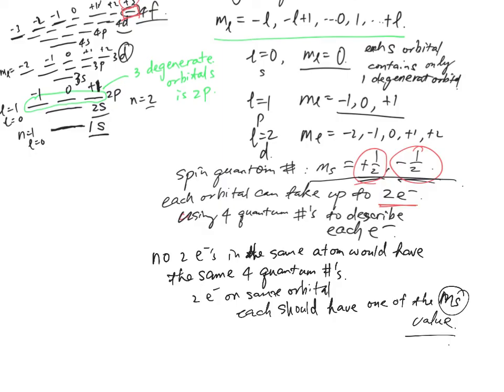So even if you have two electrons within the same shell, subshell, and orbital, you can still differentiate them by the positive 1/2 and negative 1/2 MS value. Yeah. We'll pick up from here on the next lecture.